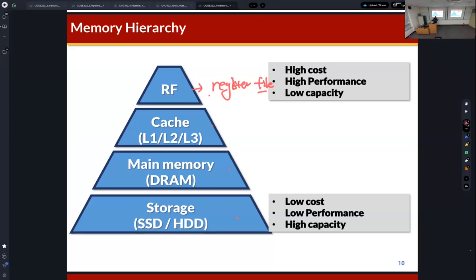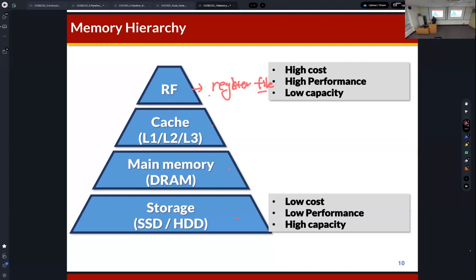In chapter 4, we frequently used the register file. I also mentioned that the register file is a very small and very fast memory. We can store just several words of data in the register file.